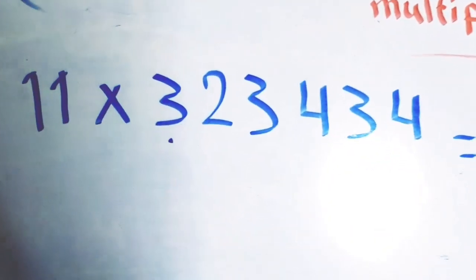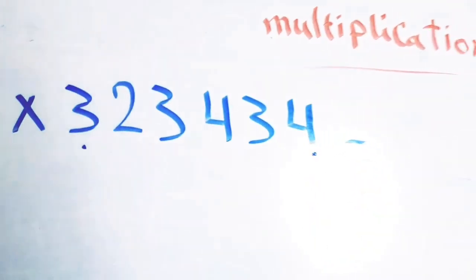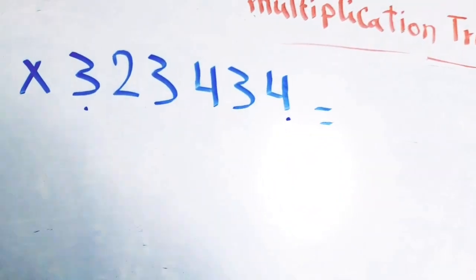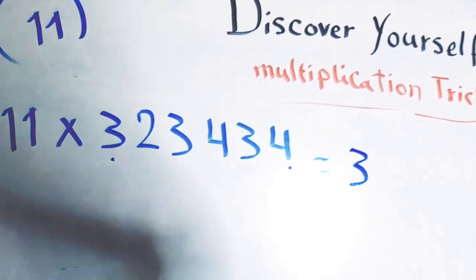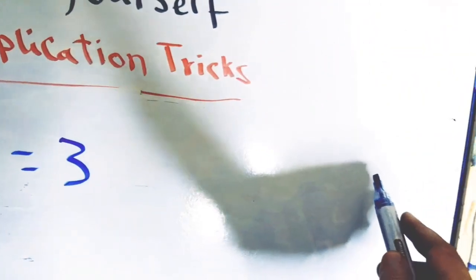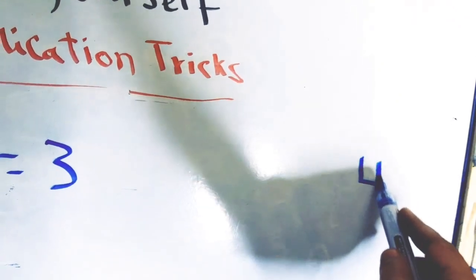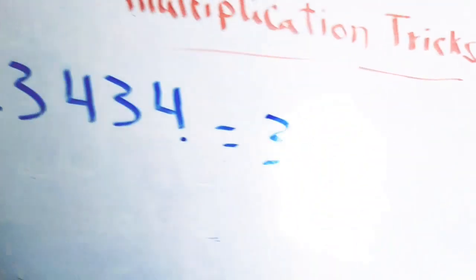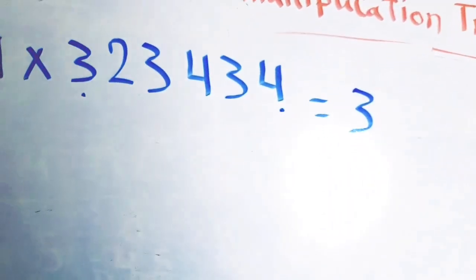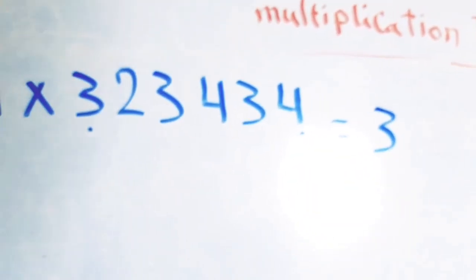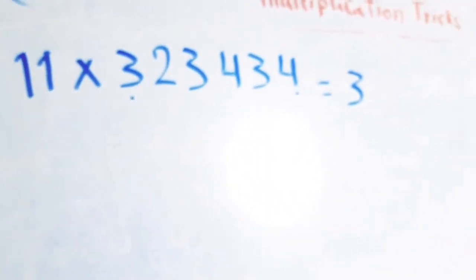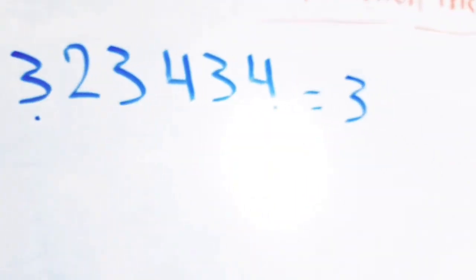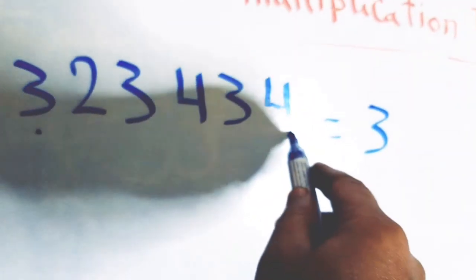We look at the first number and the last number. We write 3, the first digit, and write 4, the last digit. Then we do sequential addition. But take care, we must begin from the right side to the left side in this way, as we have just learned it. 4 plus 3, 7.